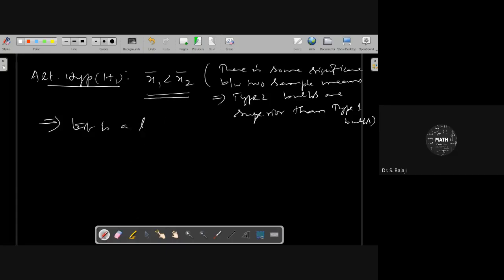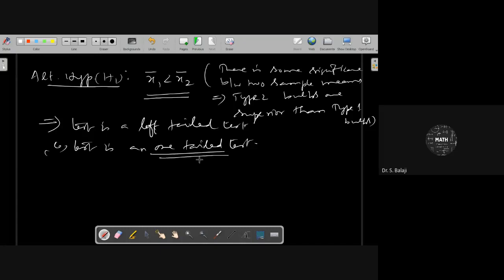It is enough to mention single tail or one tail or two tail. No need of left and right here. The test is a one-tailed test. That is enough here.